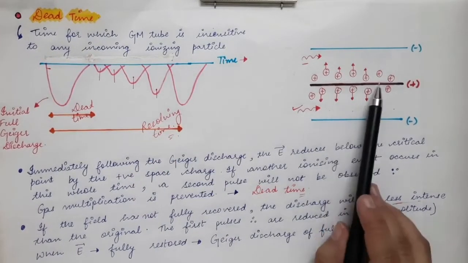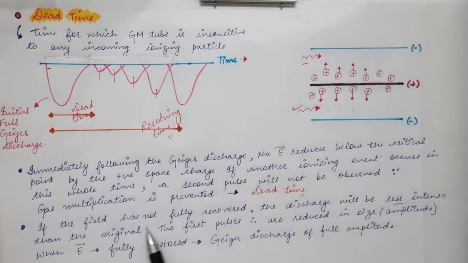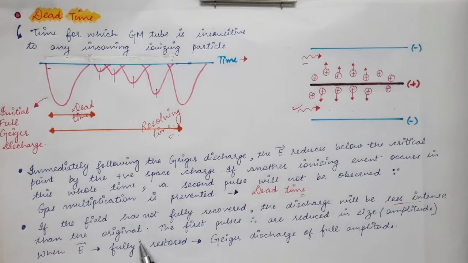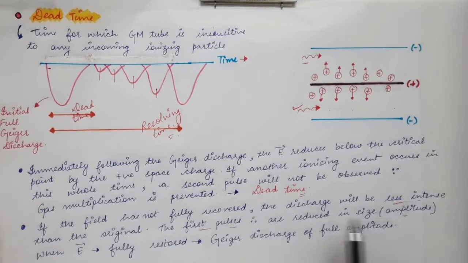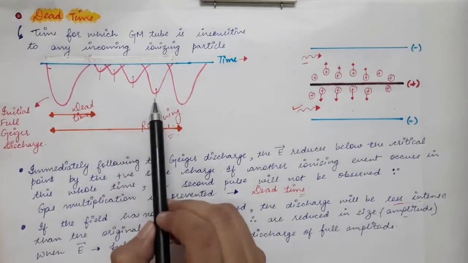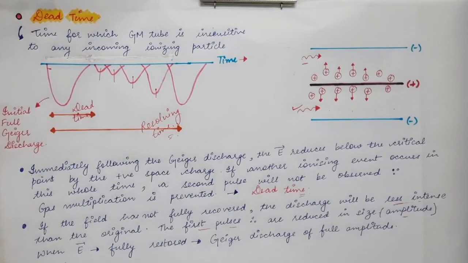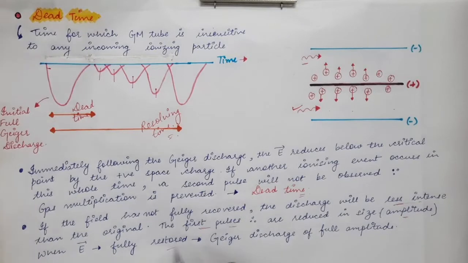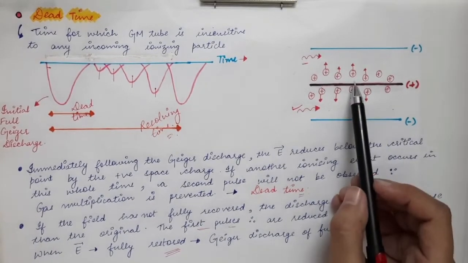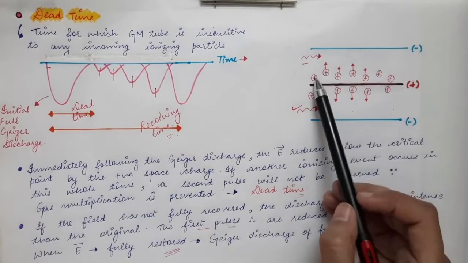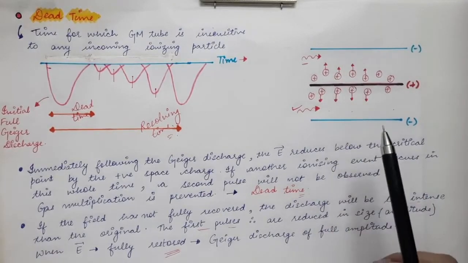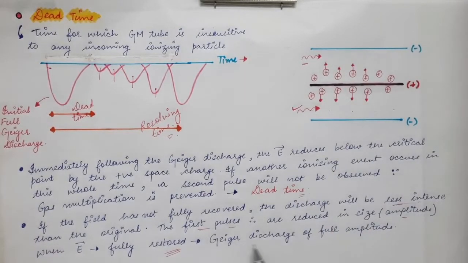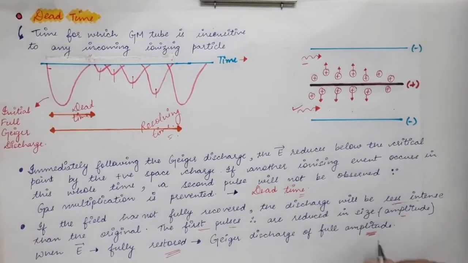So when the Geiger discharge has occurred and the field has not fully recovered, the discharge will be less intense than the original. The first pulses therefore are reduced in amplitude. When the electric field gets fully restored, meaning these positive ions have reached the cathode walls, then a Geiger discharge of full amplitude occurs.